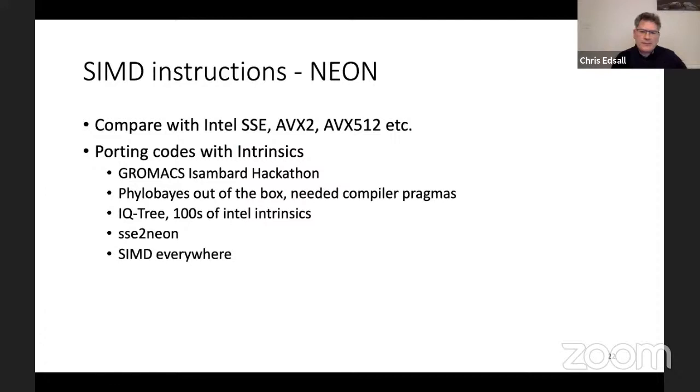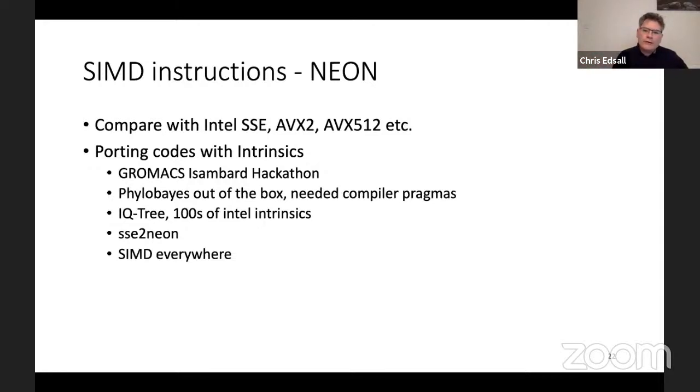So what are some things you do need to care about if you're porting software to ARM? I mentioned if you don't use intrinsics, it's probably just going to work out of the box. If you do use intrinsics, these are the single instruction, multiple data instructions in the chip. So earlier, before we had SIMD, you had a multiply instruction which would multiply two numbers together.